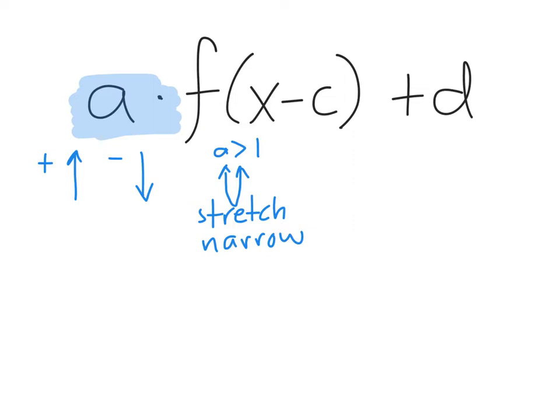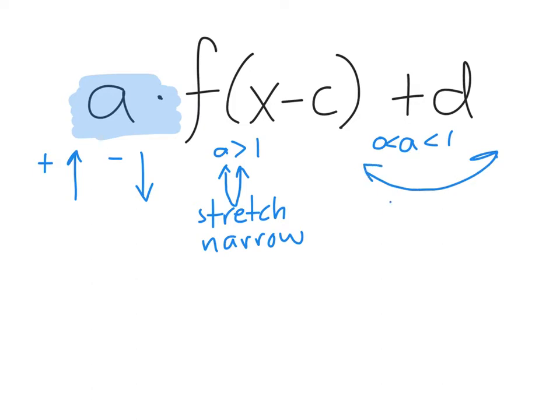If we're looking at the other scenario where a is between 0 and 1, let's say we're dealing with a small number like 1/2 or 1/3 or 0.79, something between 0 and 1, then if we're looking at a parabola, we're looking at something that's wide.